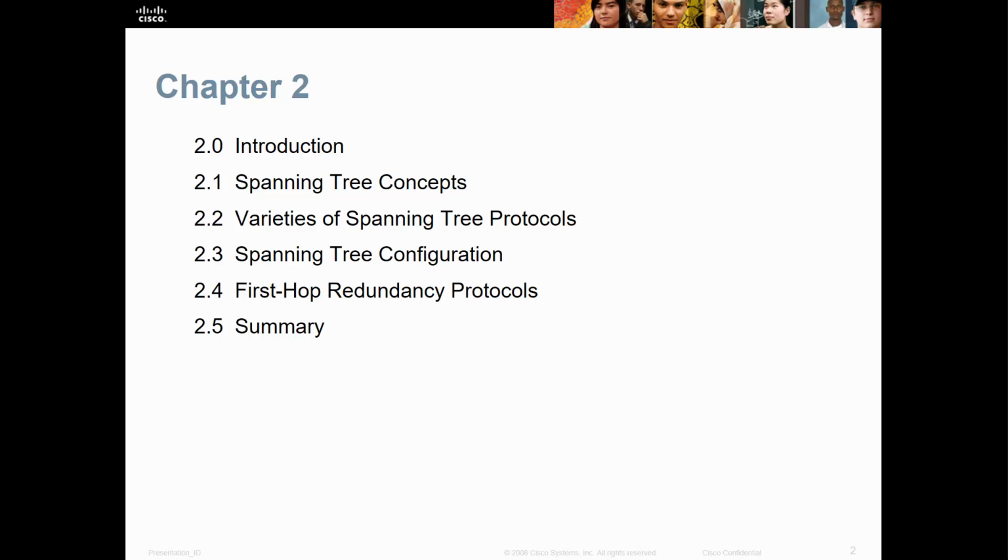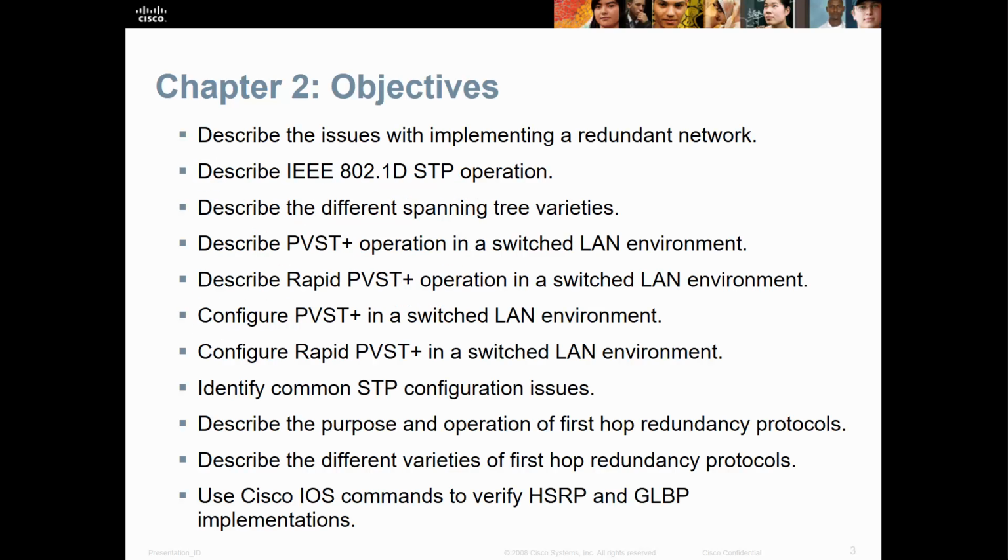So without further ado, let's go ahead and get into some of our spanning tree concepts. First of all, we have to understand what STP or spanning tree is, the different types of spanning tree, PortFast versus rapid, versus other major common issues with setting up and configuring STP.